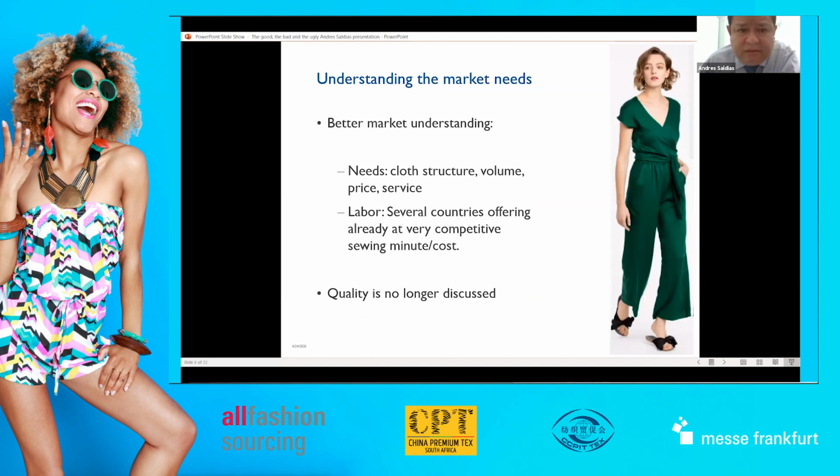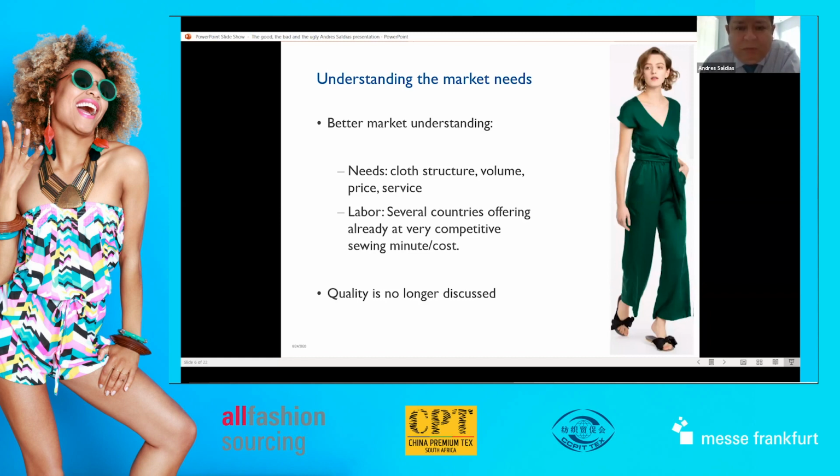As far as the buyer, again, cost structure, volume, price, and service are very big factors when choosing a vendor. Labor. Sometimes we believe that because we have a humongous amount of labor, very competitive, we think we're competitive, and it's not the truth. Several countries are already offering a very competitive sewing minute cost. You have countries that are doing 0.01 cent per sewing minute, countries that are paying a worker $65 a month.